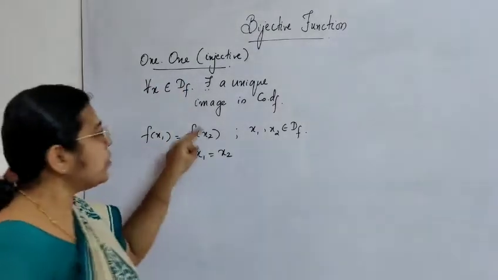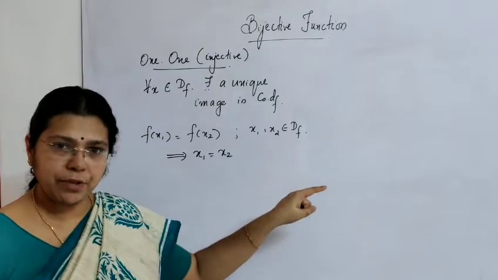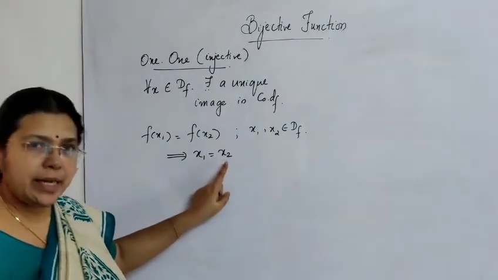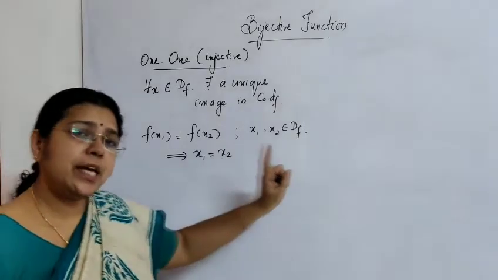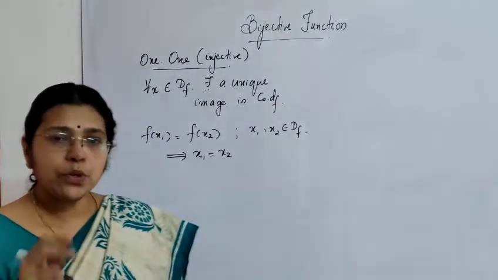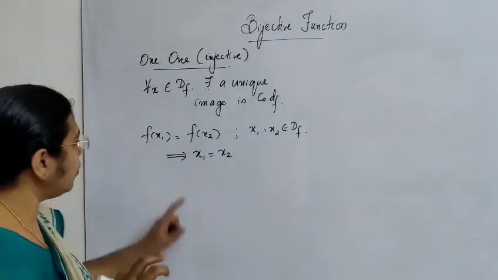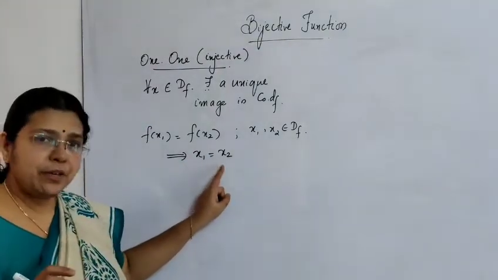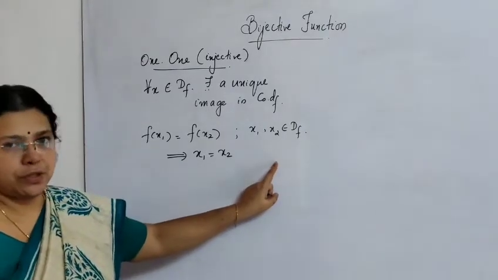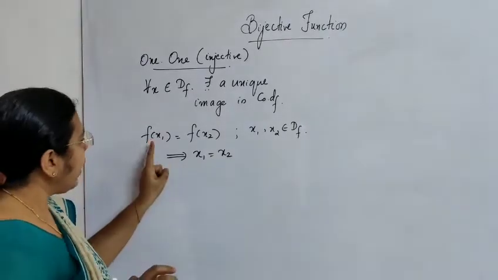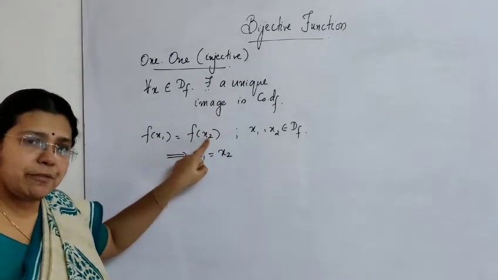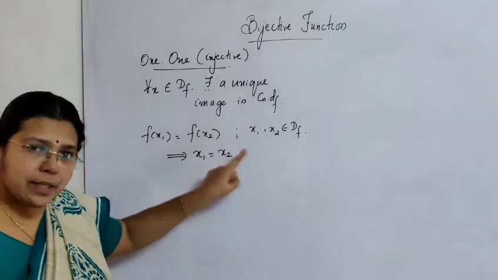Now this is the algebraic expression of a one-one function. What does that mean? For every value of x1 and x2, the image that you get in the codomain is a unique one. No two elements in the domain of the function have the same image. Okay, that means f of x1 and f of x2 come in the codomain.